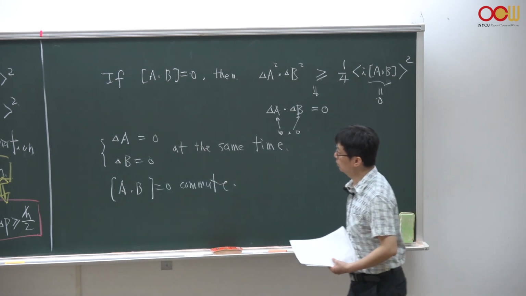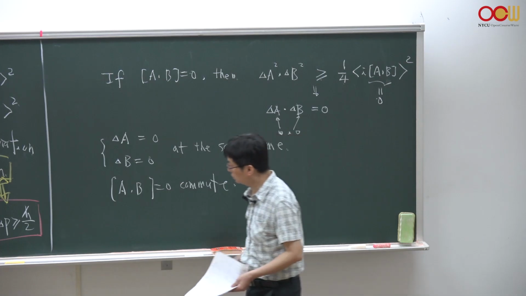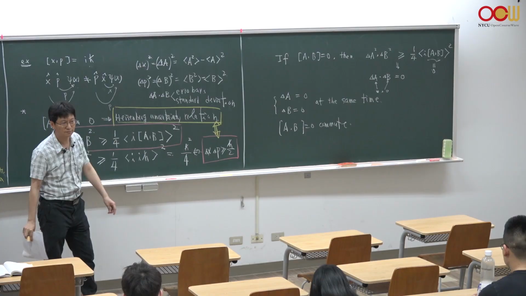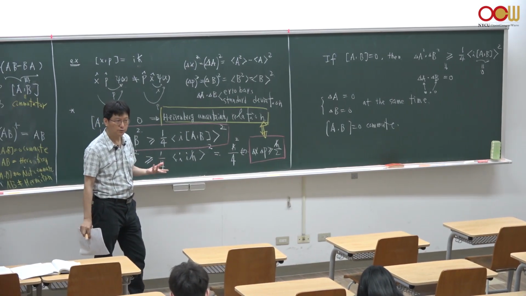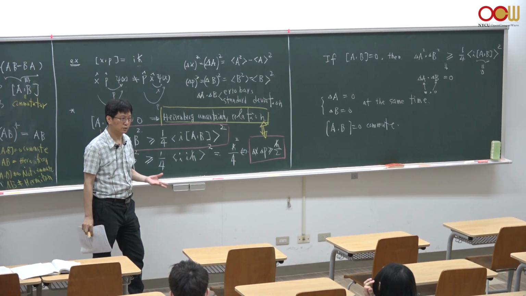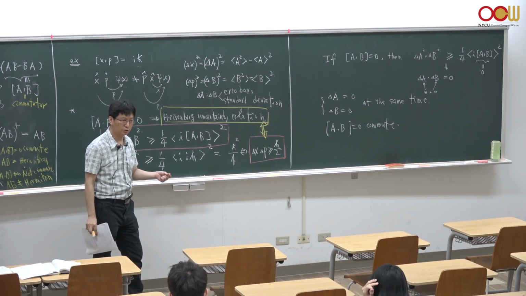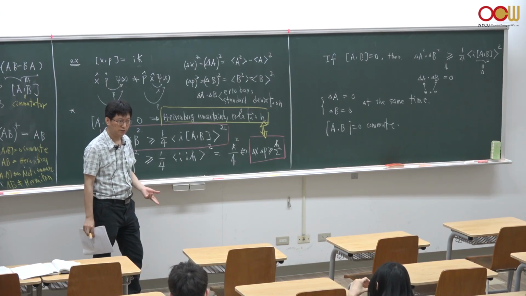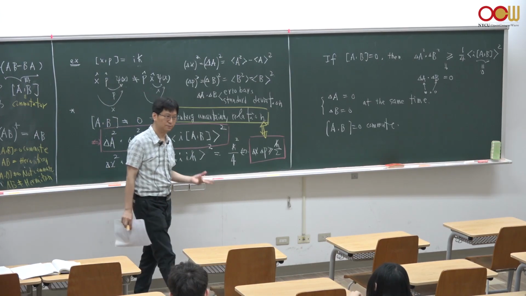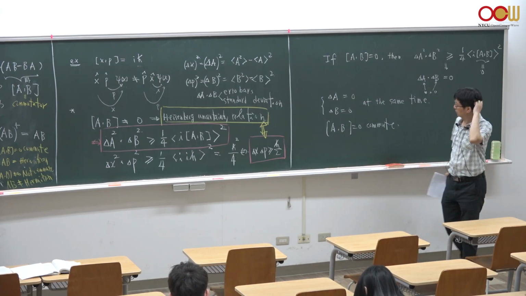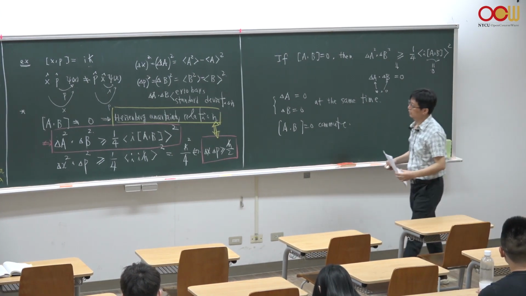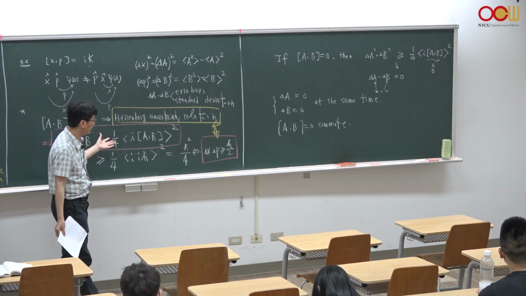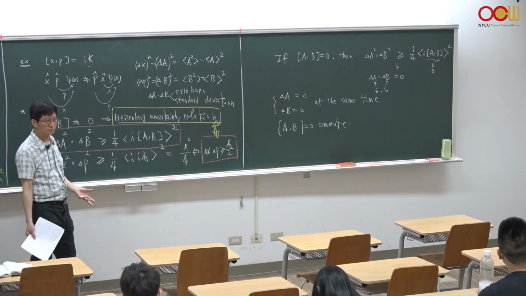In other words, the reason we have such Heisenberg uncertainty relations for x and p is precisely because x and p do not commute. If two operators commute, then they do not have uncertainty anymore. You can measure these two quantities with 100% accuracy at the same time. Indeed, we will have such examples later, but here I'm just telling you this very deep connection between the Heisenberg uncertainty relation and the commutation relation between operators.